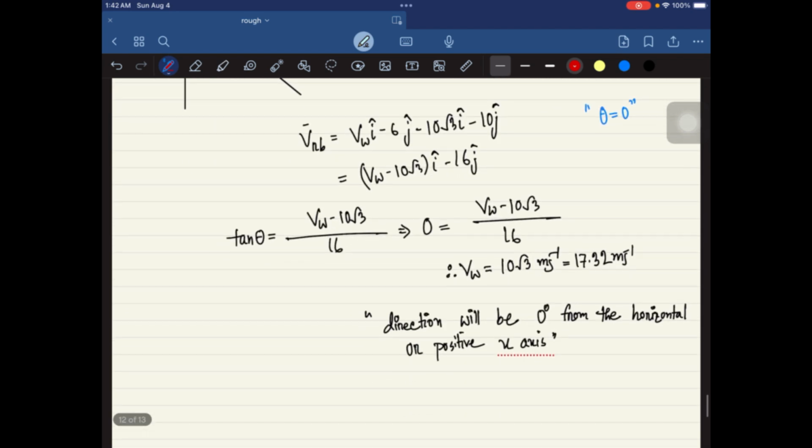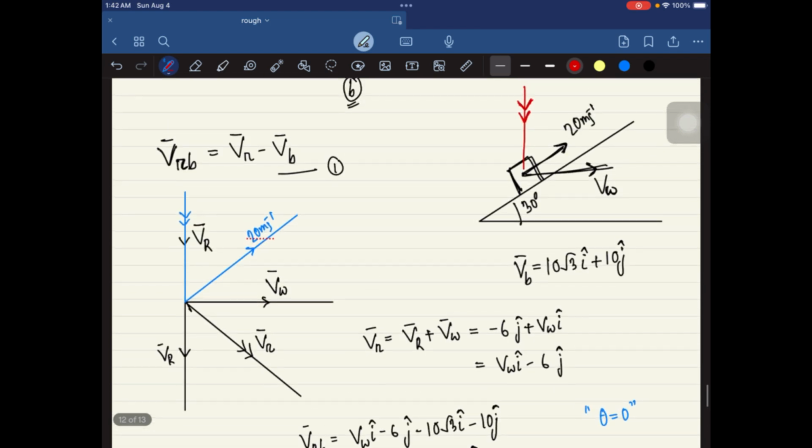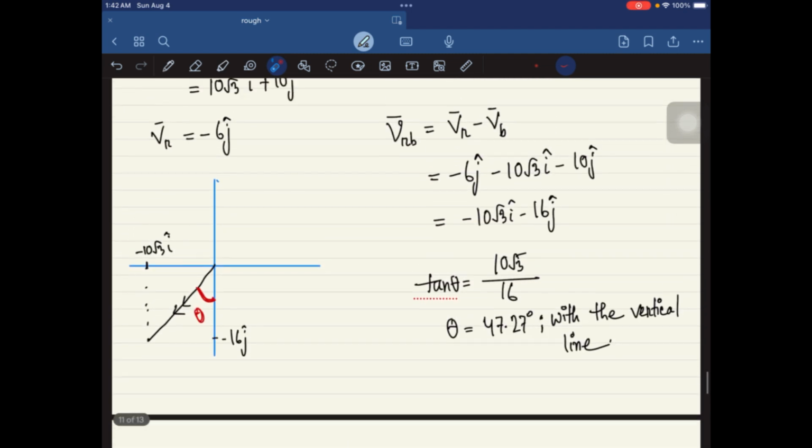That is why we have taken the wind direction in the positive x-axis. I hope you understand this problem, and we have to move to the next problem.